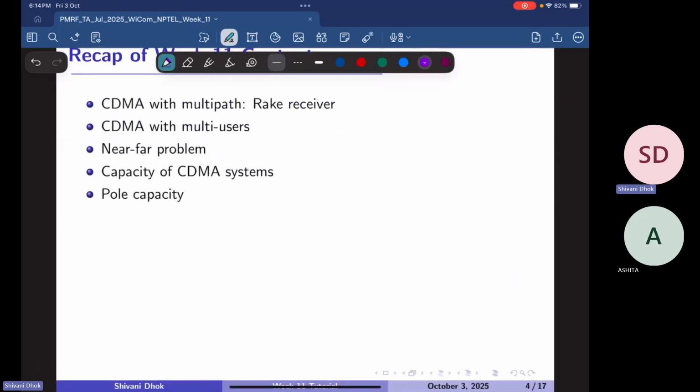After that, we looked at something known as the pole capacity. This pole capacity is an asymptotic thing, so this is an asymptotic capacity.